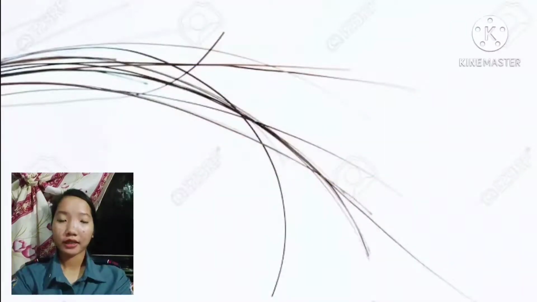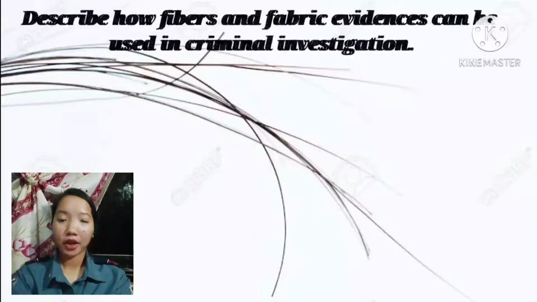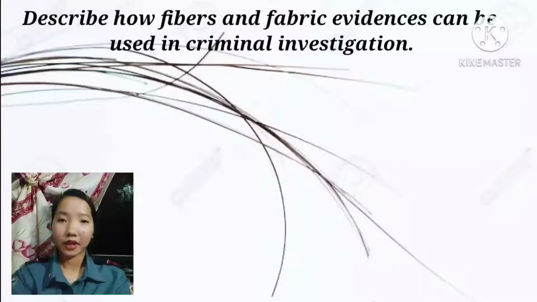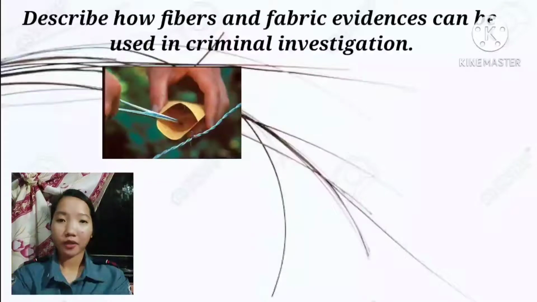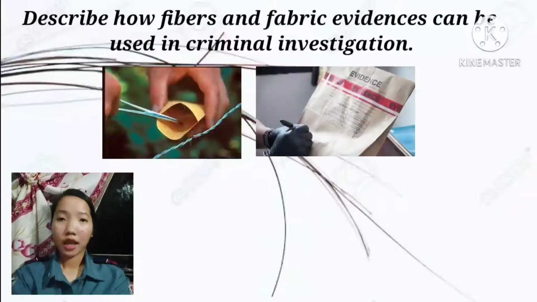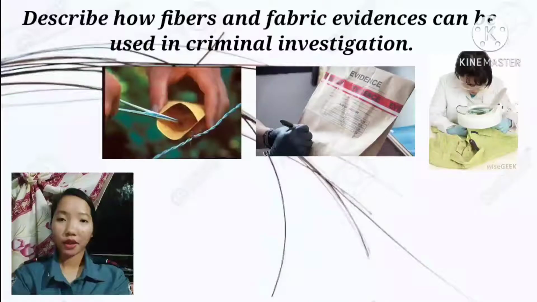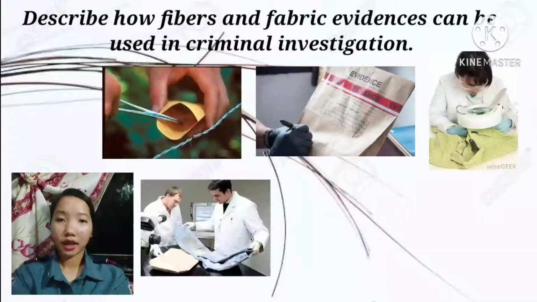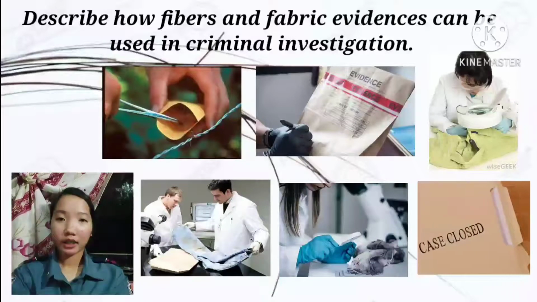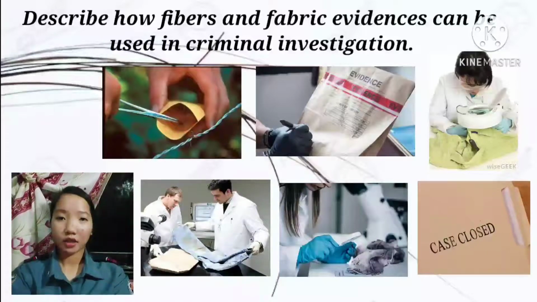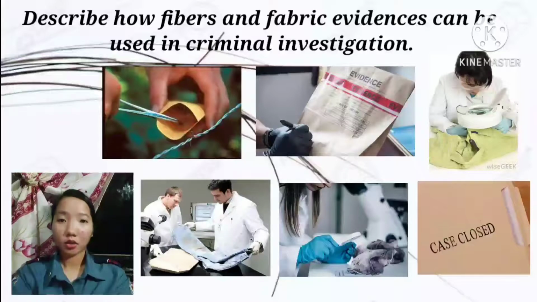And for the last is how fiber and fabric evidence can help in criminal investigation. The transfer of fiber and fabrics and their discovery as trace evidence can be critical in linking the suspect to a victim or to a crime scene.